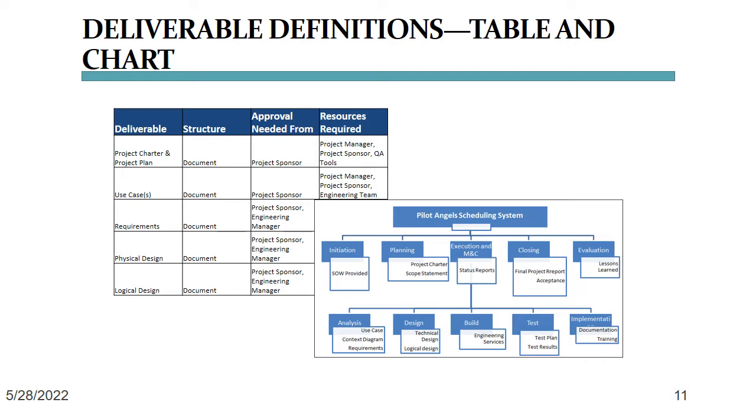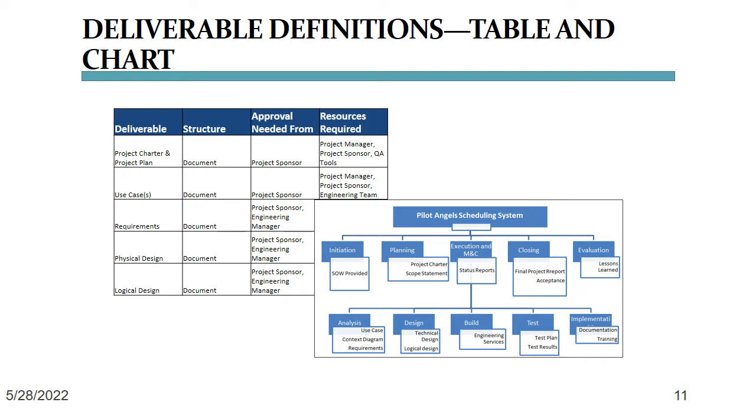And we're seeing here in the white rectangles the specific deliverables to the individual project phases, and then we're seeing under execution and monitoring and controlling the deliverables that are aligned with the software development lifecycle of analysis, design, build, test, and implementation.